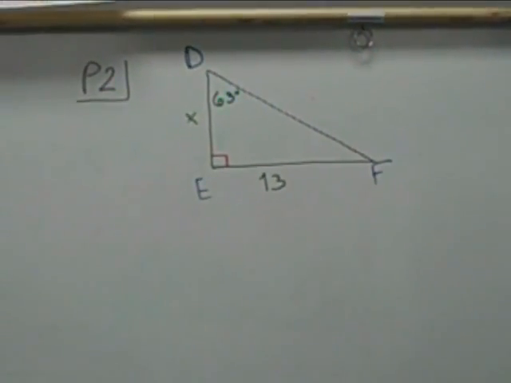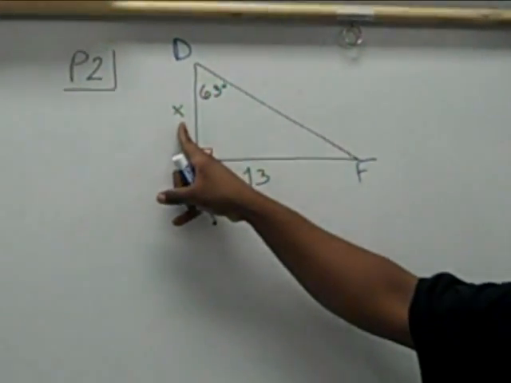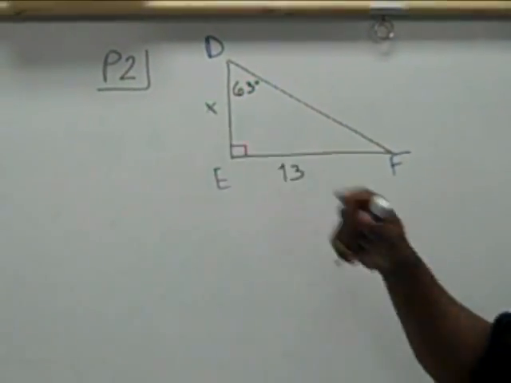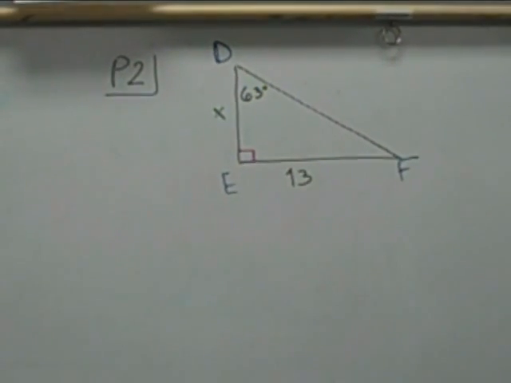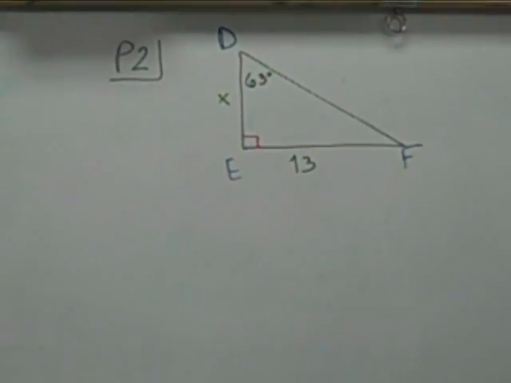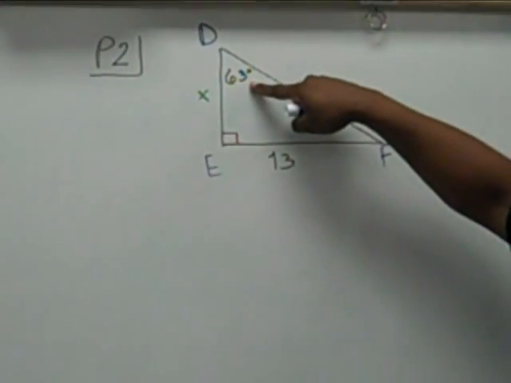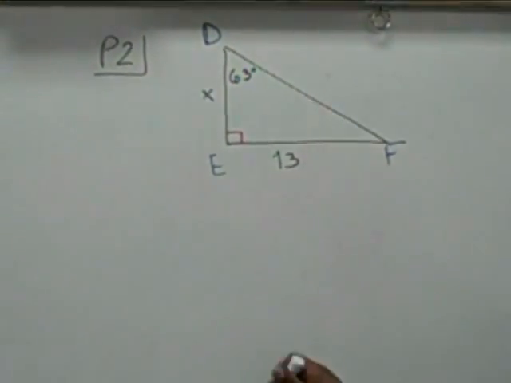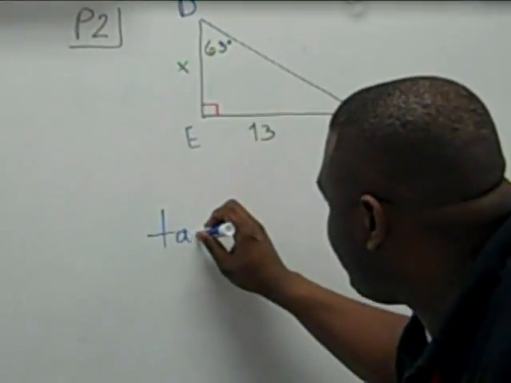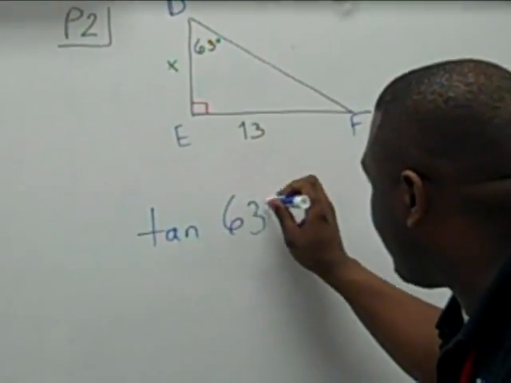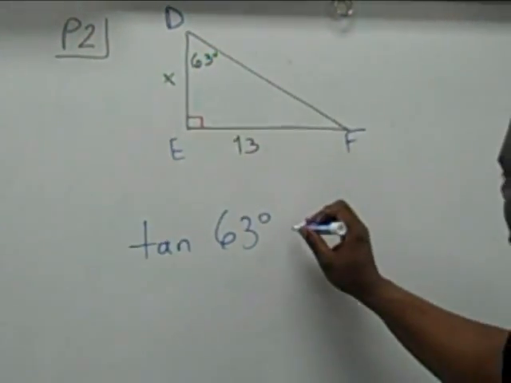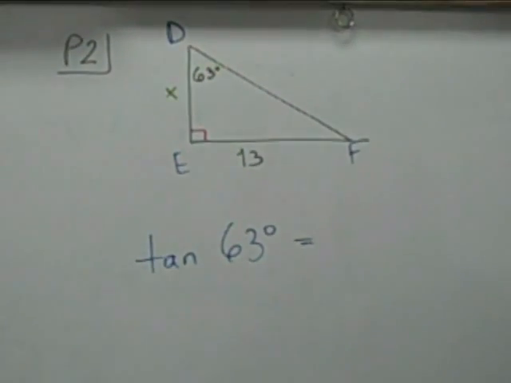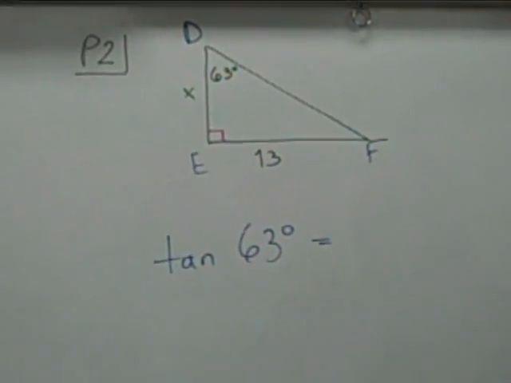Now, if I'm going to use tangent, what can I do to help me find what that is? Well, if 63 degrees is here, then we can write this as the tangent of 63 degrees, because that's our angle measurement, and it's going to be equal to opposite over adjacent.